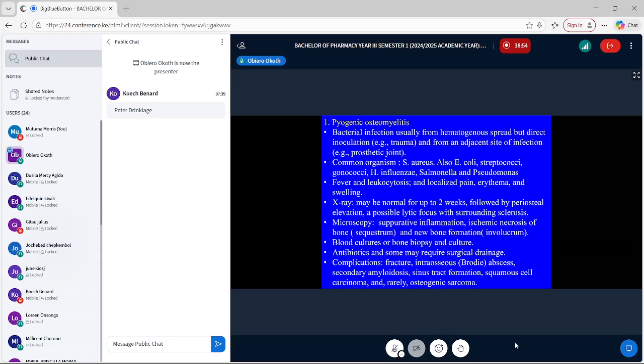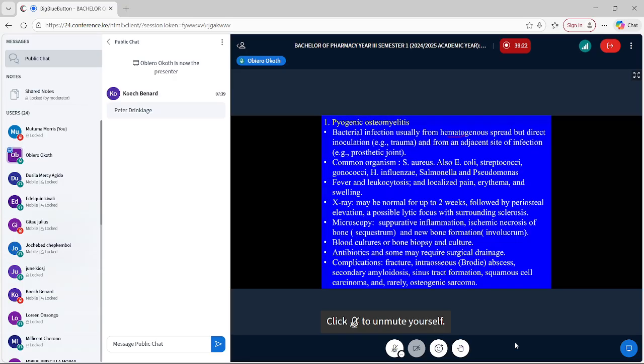So you'll have pyogenic osteomyelitis. This is a bacterial infection, usually from hematogenous spread, but you also have direct inoculation from trauma or from an infection in a prosthetic joint. Hematogenous spread means a patient has an infection somewhere and then it goes to the bone.